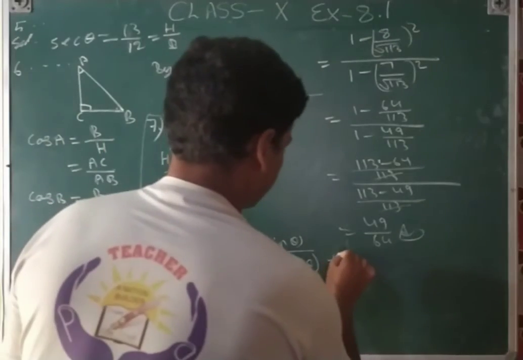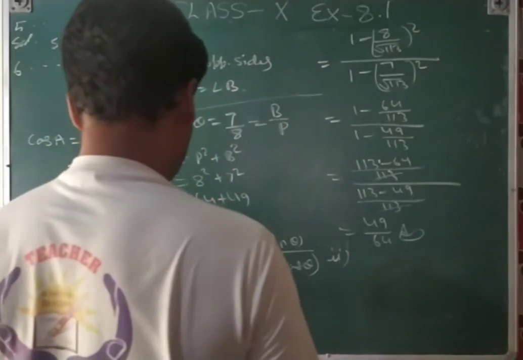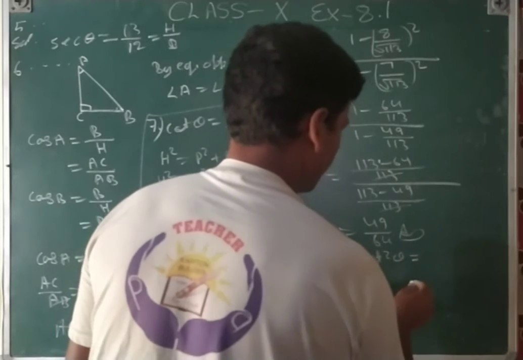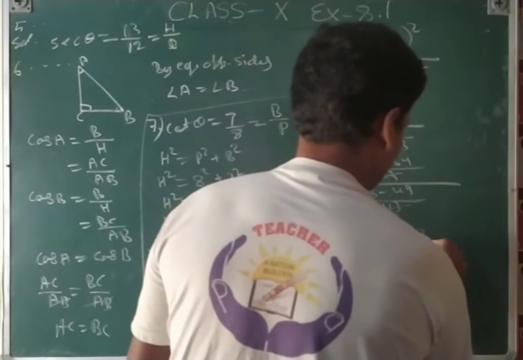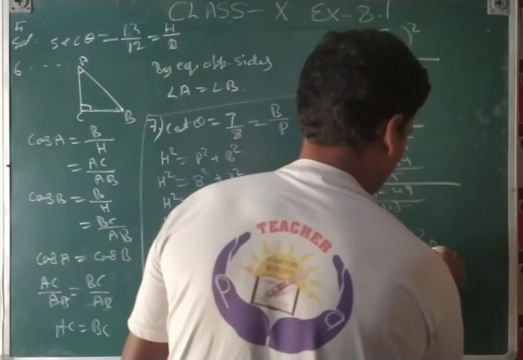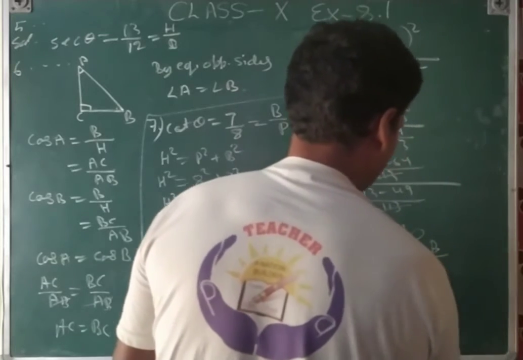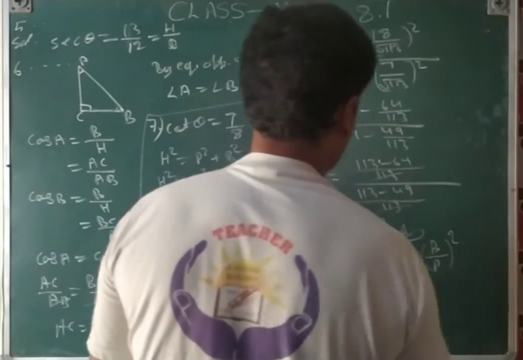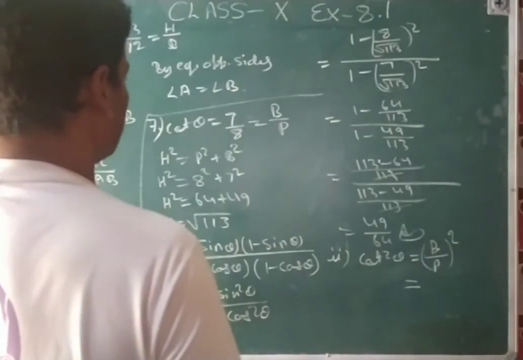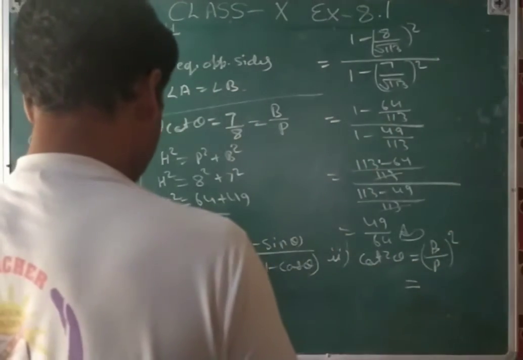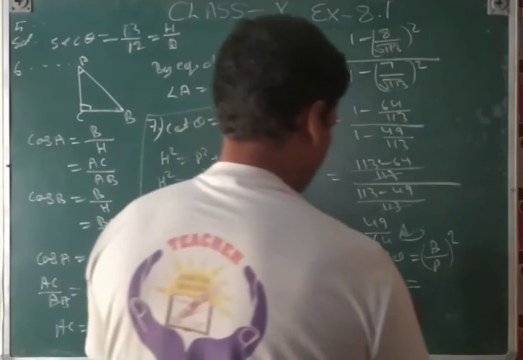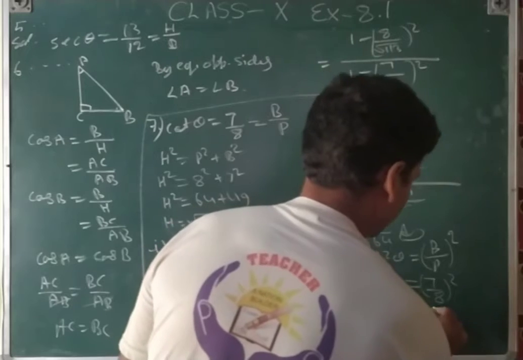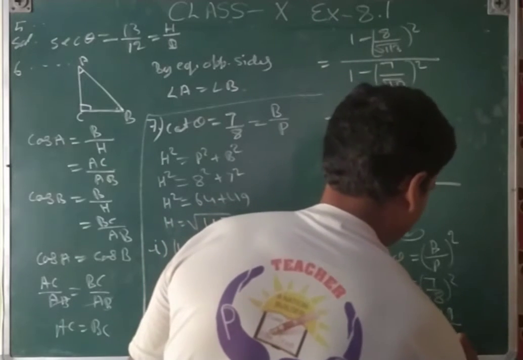Next part is cot square theta. Cot square theta is equal to, we know that cot means B upon P. So the B value is 7 upon 8, and then squared, that will be 49 upon 64.